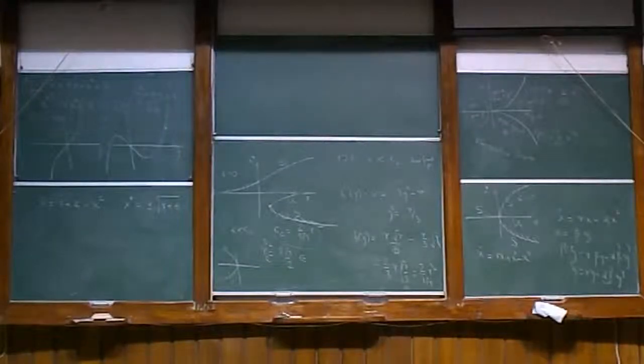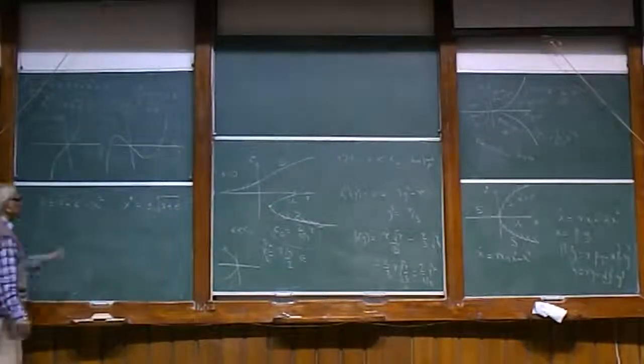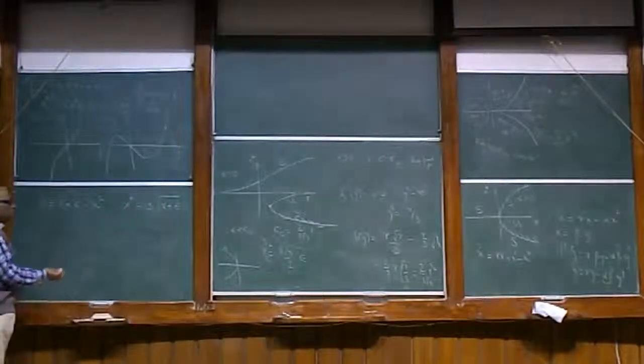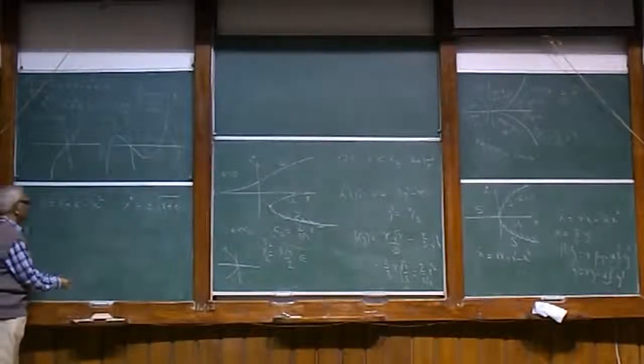But with epsilon positive and small, you don't have a difficulty. You still have two fixed points, and they would have to merge.